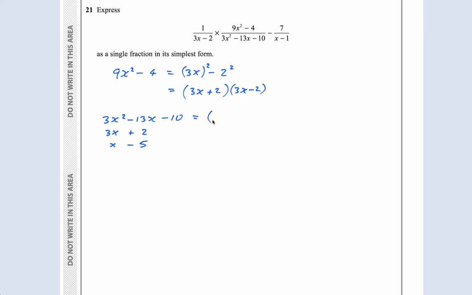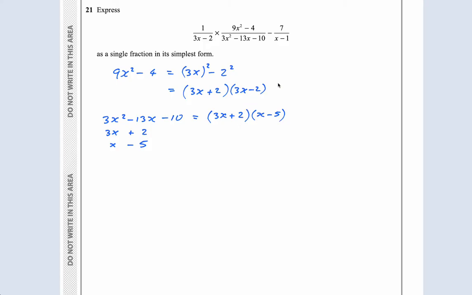So the factors are 3x plus 2 times x minus 5. If you don't know how to factorize a quadratic, guys, you can go and learn how to do it. Remember, you can also use your calculator to reverse engineer the factors after getting the solutions.